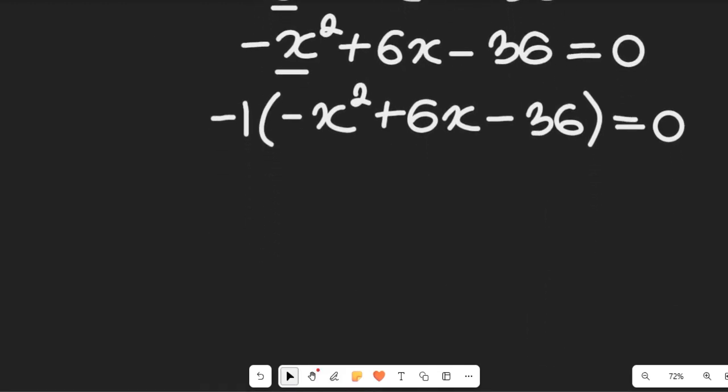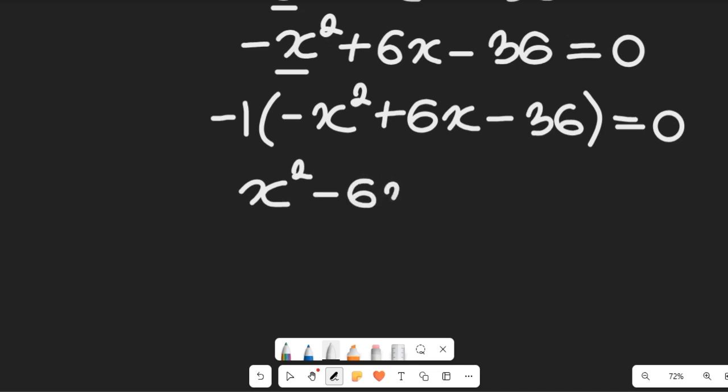In the next step, if we multiply, minus times minus is going to give us positive, then 1 times x squared is going to give us x squared, minus times plus 6 is going to give us negative 6x, and then minus times minus will give us plus, and 1 times 36 is going to give us 36, and this will be equal to 0. Remember, we are asked to find the value of x, y.